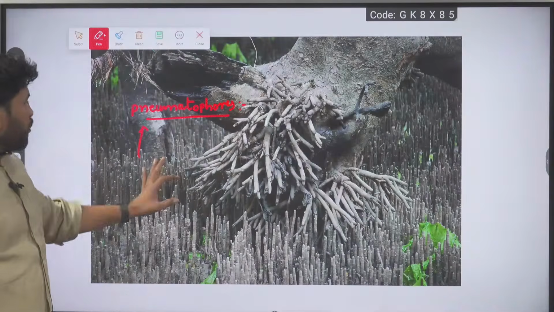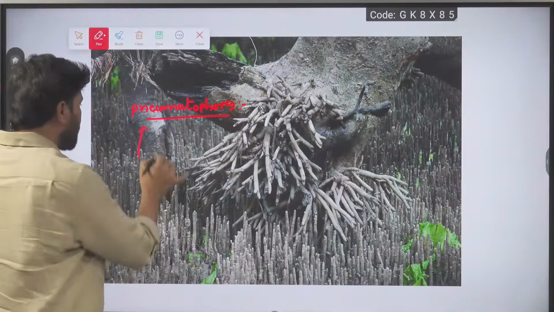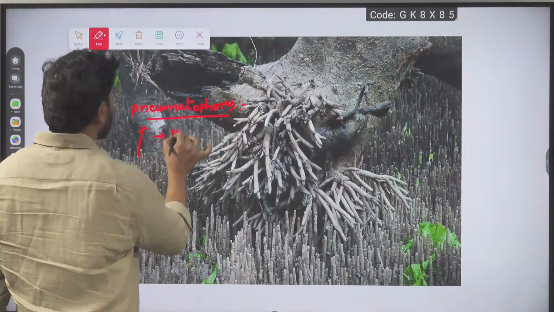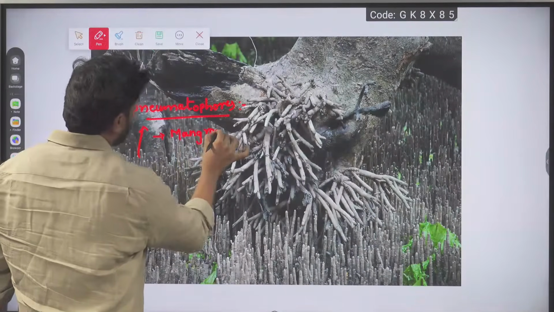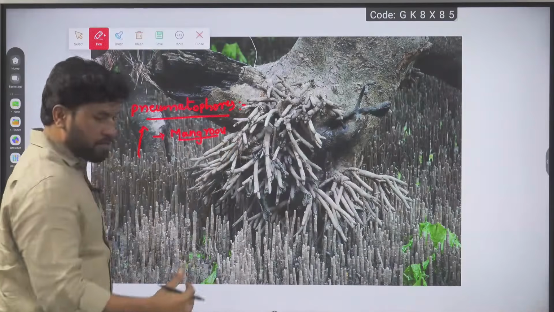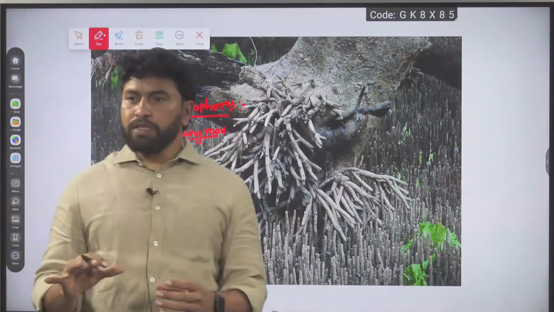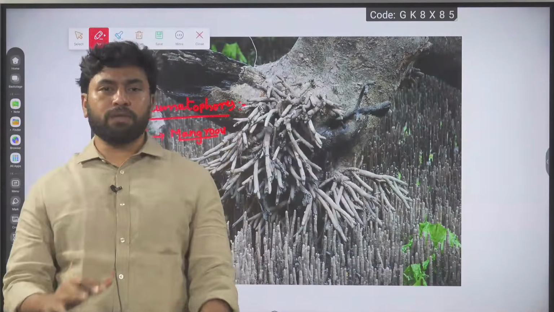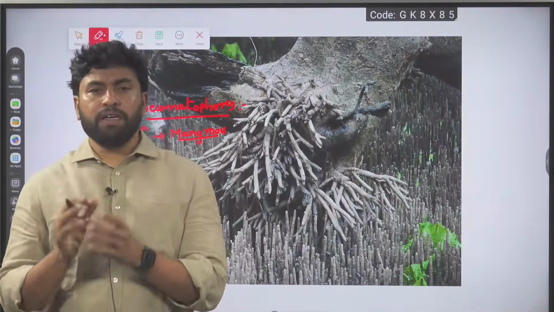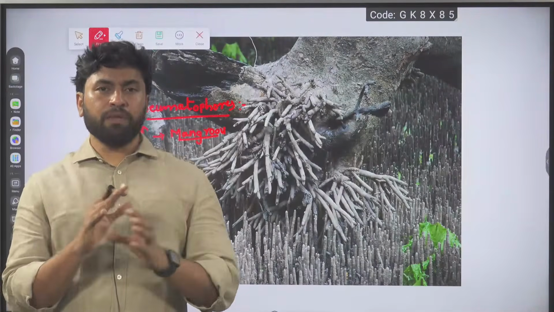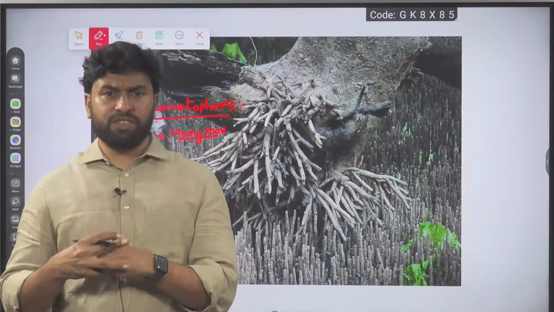Remember, pneumatophores are common in those plants which are growing in mangrove lands. What are mangrove lands? Those lands where there is always water covering the surface of the soil. Especially we identify these areas in the place where river meets sea. That area is called estuaries.